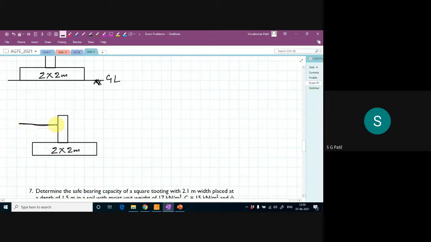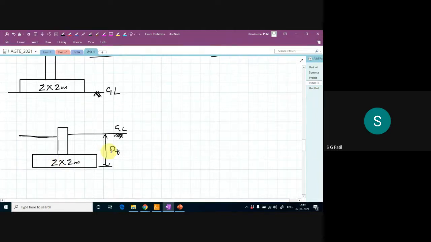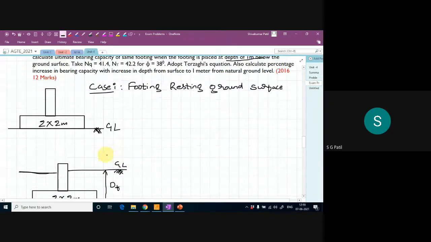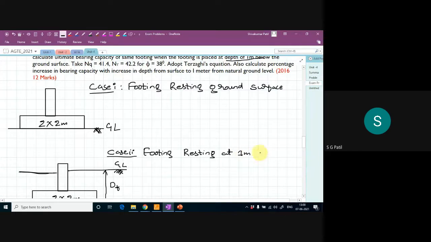So here is my ground level, and this is the depth of the footing. These are the two cases you have to consider. This is my case 2. So case 2 is: footing resting at 1 meter depth from ground level.